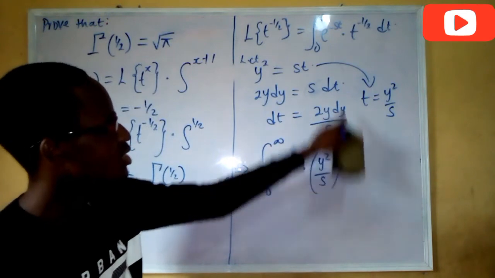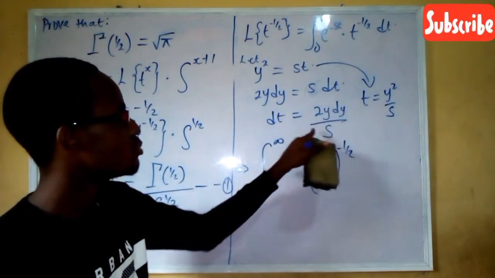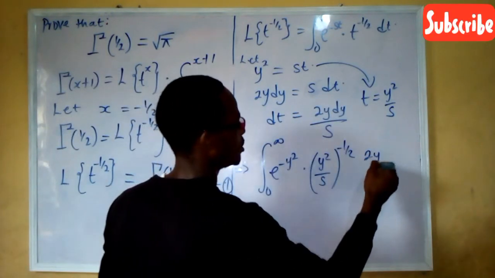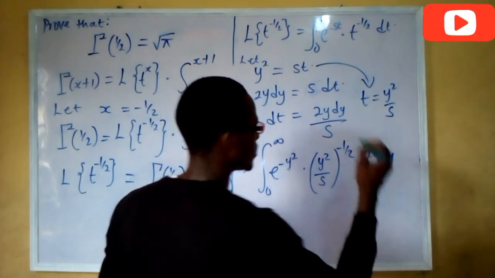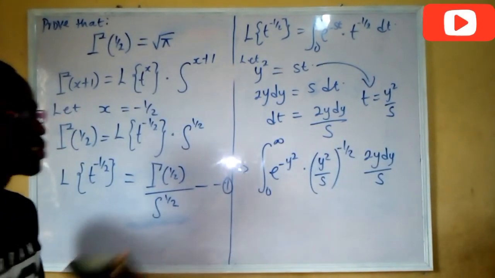So now the next thing is the dt. The dt becomes 2y dy all over s. So then I have to mix all together.